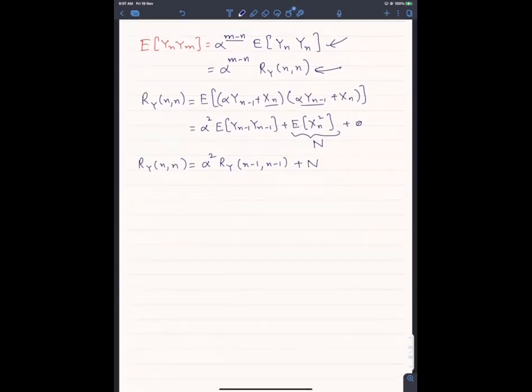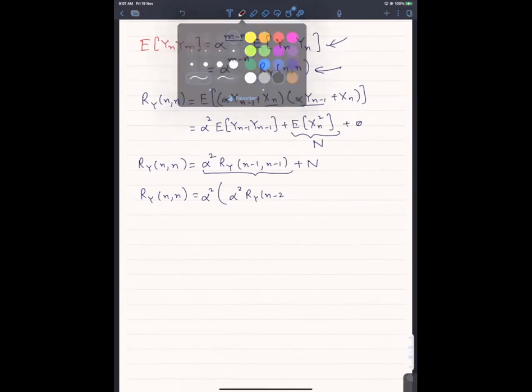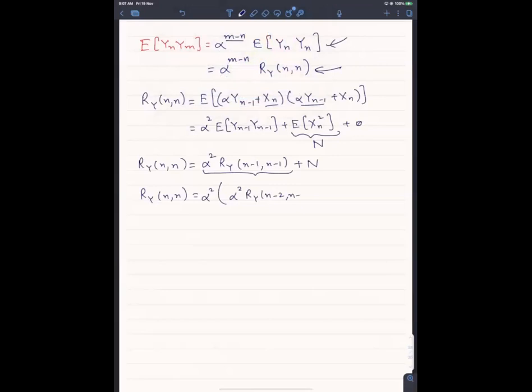So I can write this as r_Y(n, n) to be equal to, now in place of this we will write, so you have this alpha square with alpha square r_Y(n-2, n-2) plus n, and this old n will come in the same way.